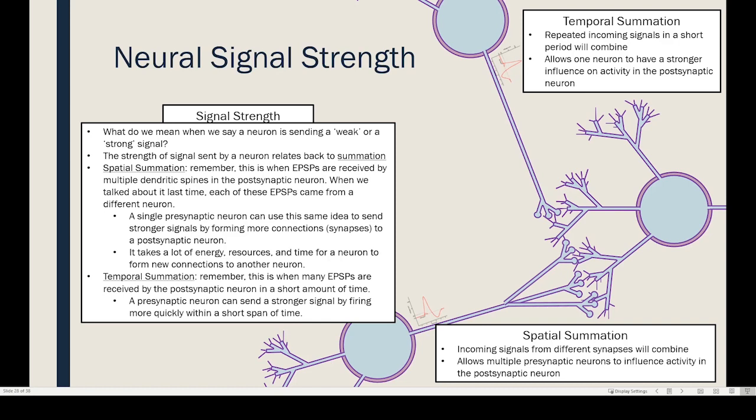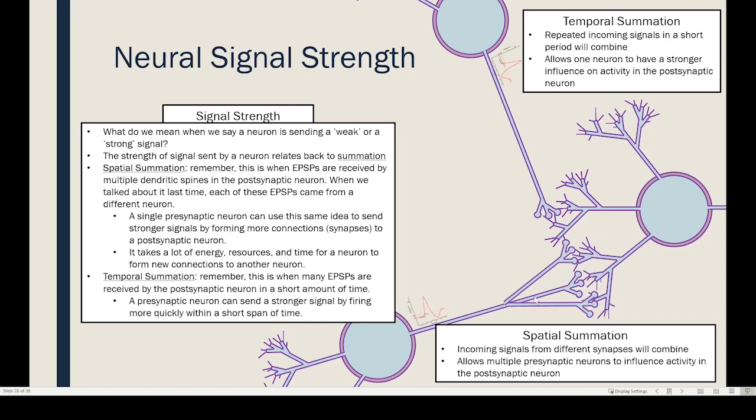The way that this would work is that if one neuron wants to send a stronger signal over to this neuron, then instead of just being attached at one point here, it'll increase the number of connections that it has. That way, whenever it fires once, it'll actually release neurotransmitters at several different places and cause graded potentials to happen in this postsynaptic neuron at several different locations.